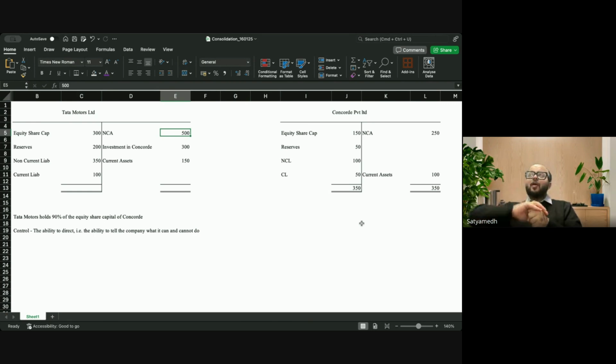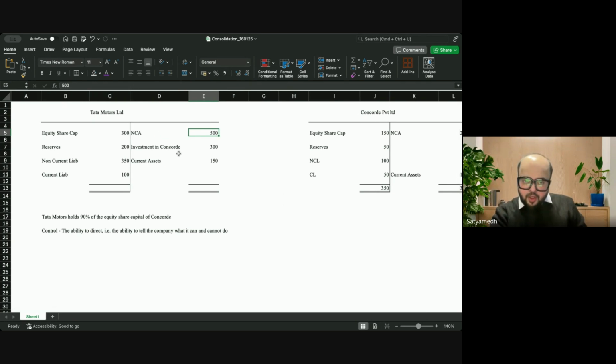So when one company holds 90% of the other company and it wants to show a true and fair view to the users of financial statements, if it shows only this particular balance sheet, then the users of financial statements will say कि अरे यार ये तो inadequate information है.